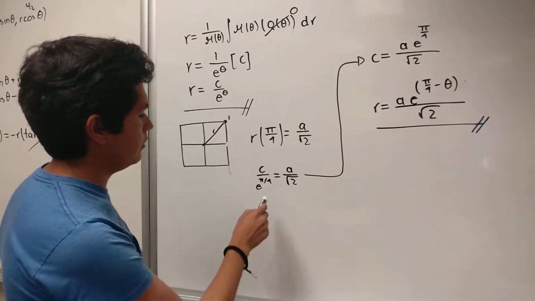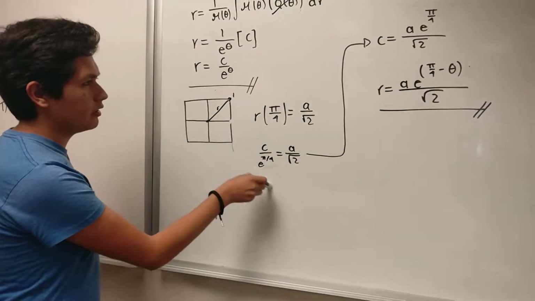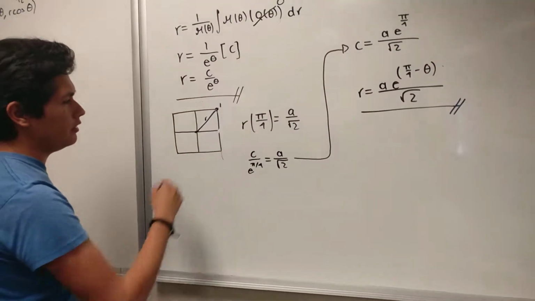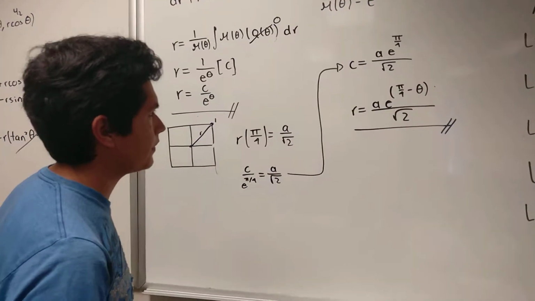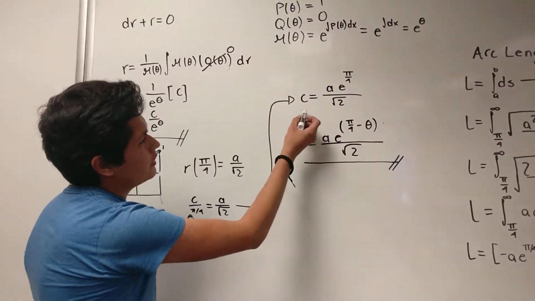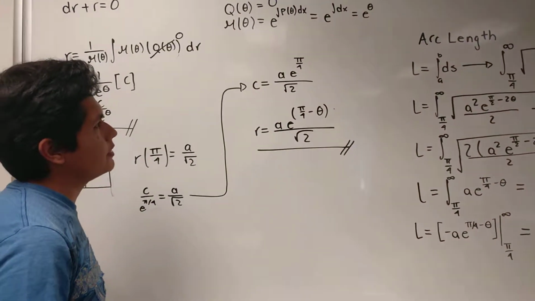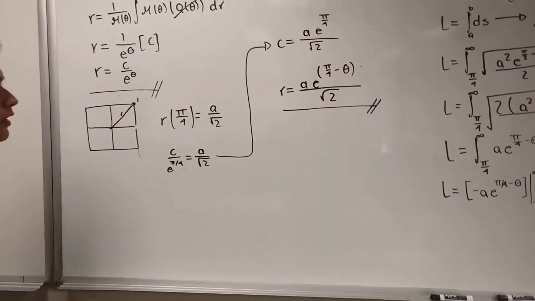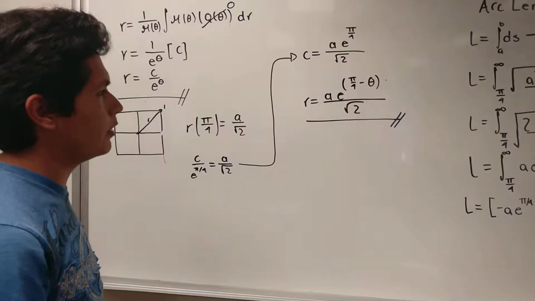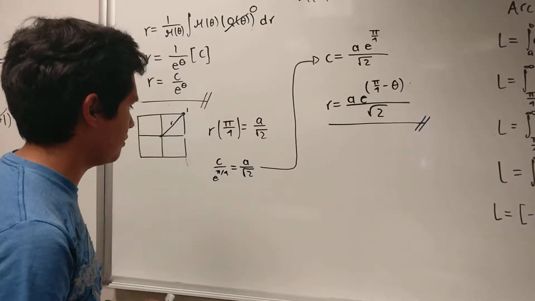Now, we clear out c using the angle and the length to figure out what r equals. So here we have c equal a times e to the pi over 4 all over square root of 2.